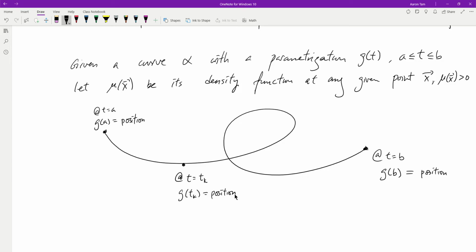What will be the density of the cable at this point? We are assuming that this cable, even though it has a uniform cross section, the density can be different throughout the entire curve. So the density will actually be given by the function mu at the position where we calculate the density, which in this case would be this.